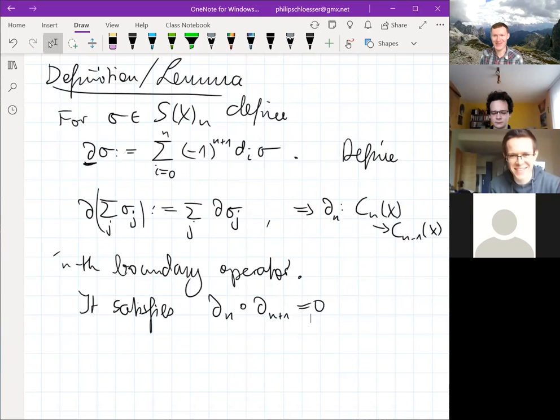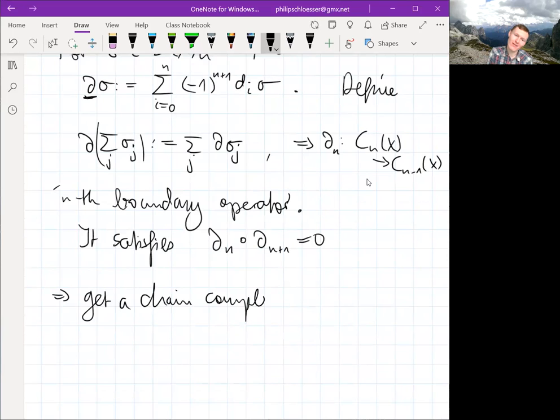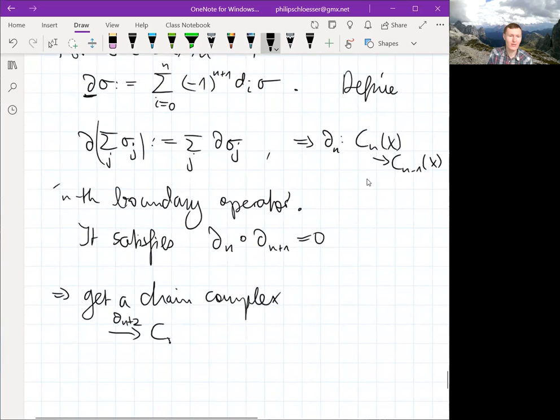And I already see Mario laughing, because yes, this means we get a chain complex of actual chains and actual boundaries.